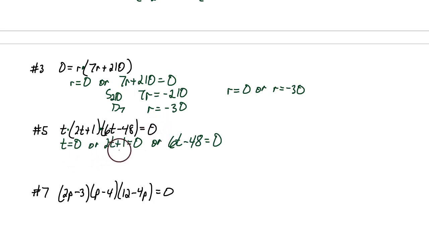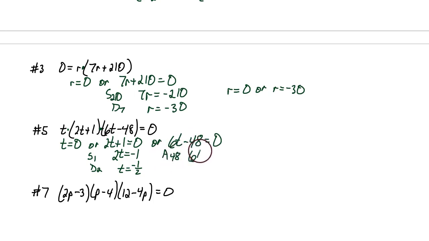Let's solve these individual equations that we've created. The first one is already solved, but in the middle one we can subtract 1. So we get 2t equals negative 1, and then divide by 2. We get t equals negative 1/2. Now the third one, let's add 48.